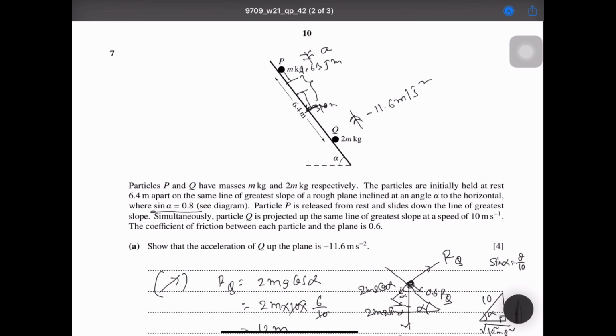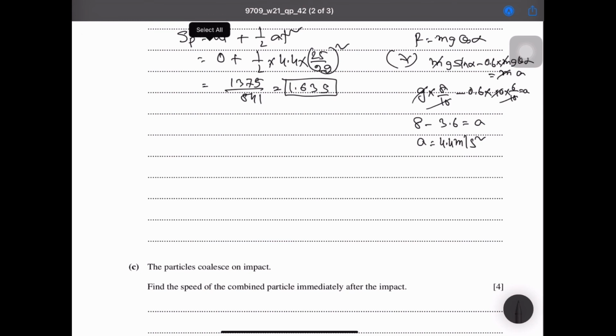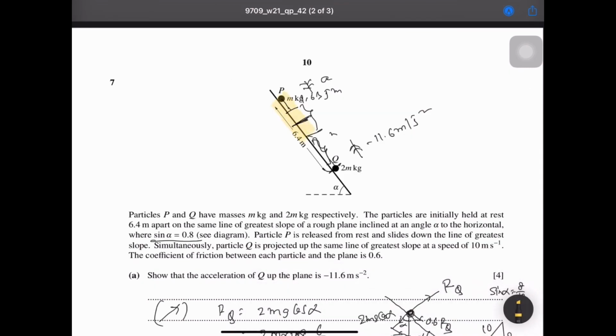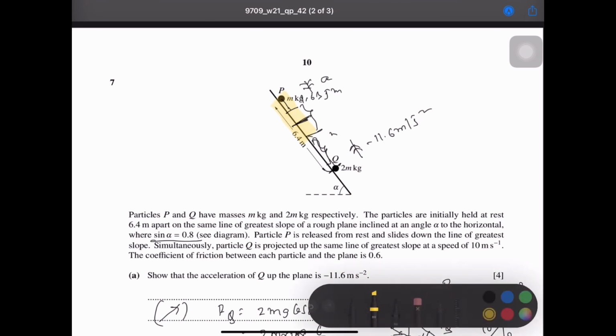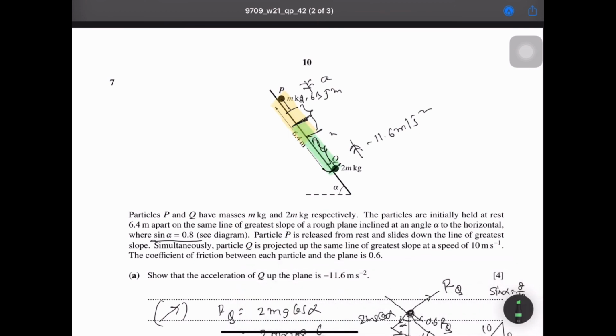Now let us find the total distance in t seconds by P: SP equals ut plus half at square. That means 1 by 2 into 4.4 into t square, which is 2.2 t square. At this point, the displacement of Q is, it's coming up and going back.